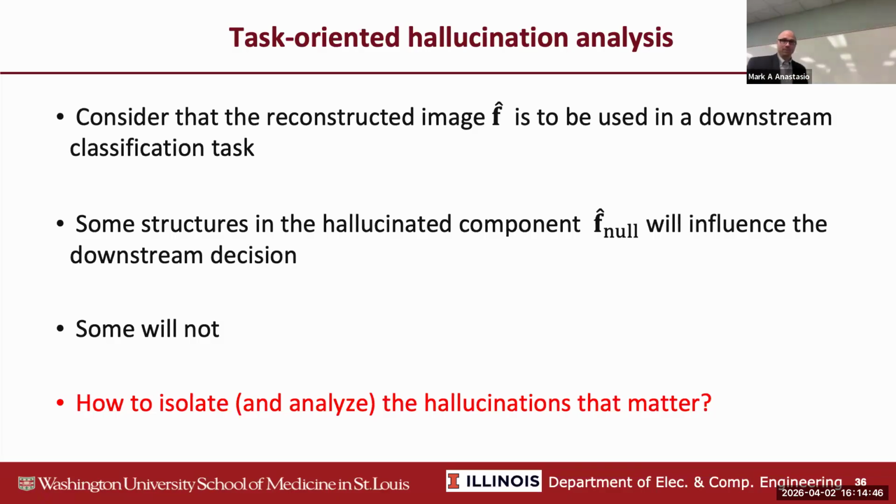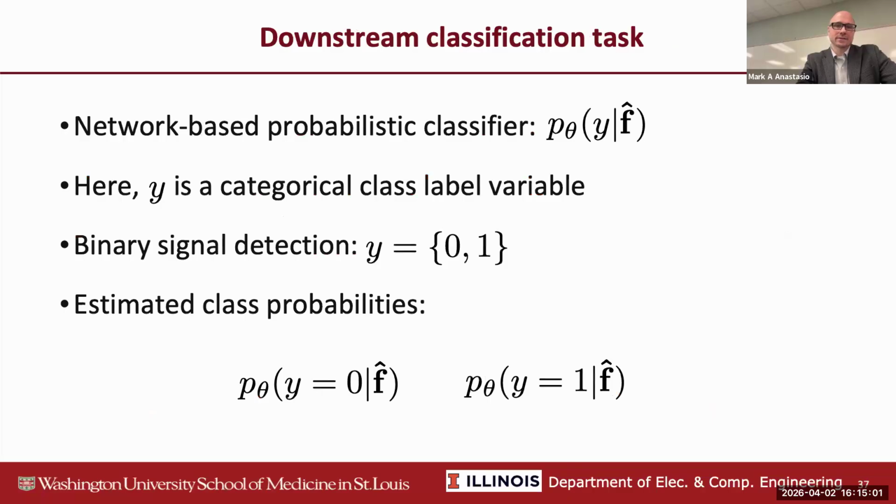But up until now, there's been no way to address this question, so this is what we seek to do. We want to isolate and then analyze the hallucinations that are produced to see what the impact is. Again, let's assume our downstream classification task is just a simple binary classifier.